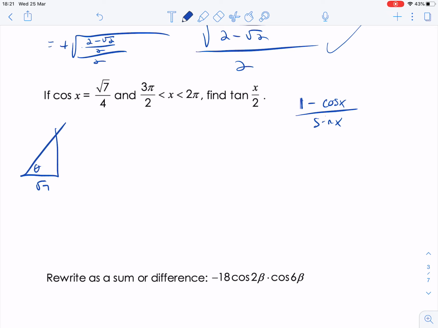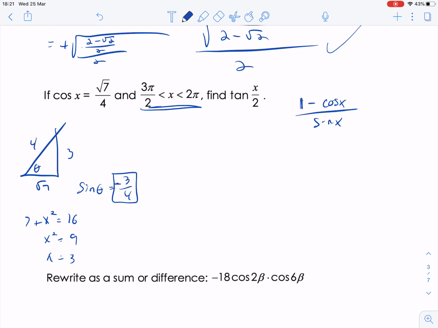Square root of 7, 4, which means we get 7 plus something squared equals 16, equals 9, 3. Easy. I like it in whole numbers. So we get sine of theta equals 3/4. Check the sign. What quadrant are we in? Between 3 pi over 2 and 2 pi. So negative.